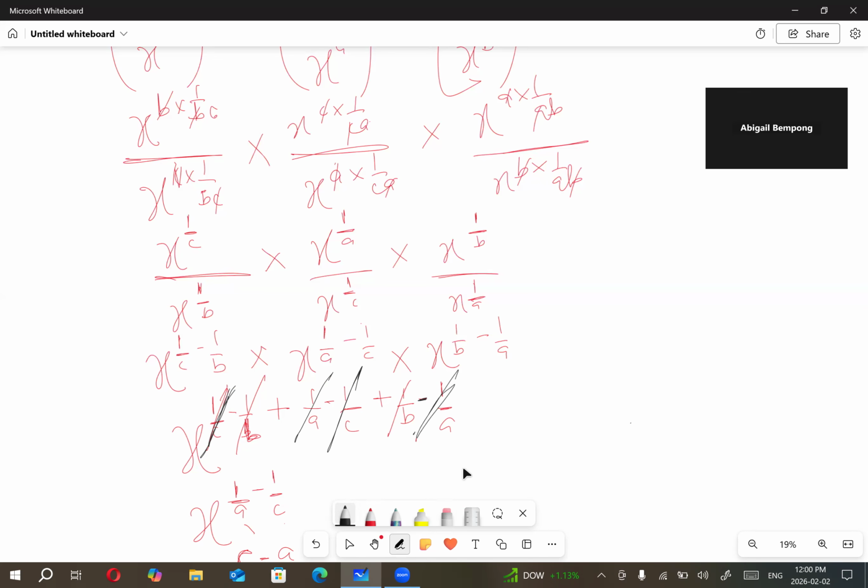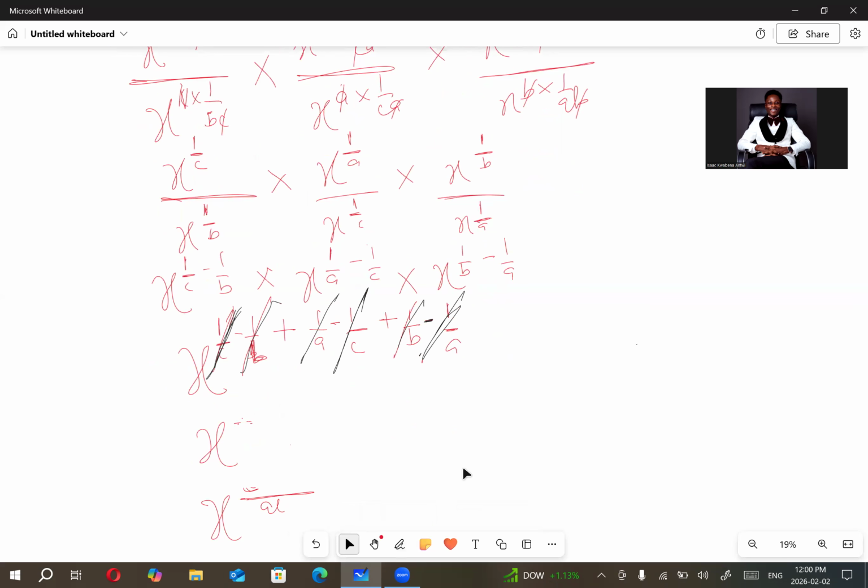Then 1 over b, oh, then everything is 0. I think it was intentional. That'll be x exponent 0, which is 1. So all this lengthy stuff actually resolves to 1.